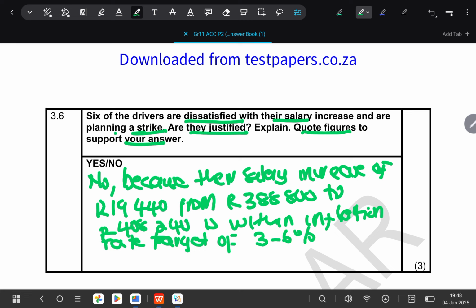Remember, their increase here is equivalent to 5%. Okay, so they should not strike.